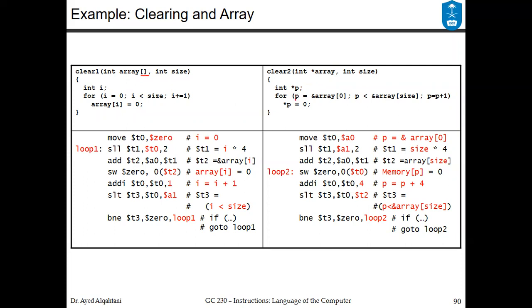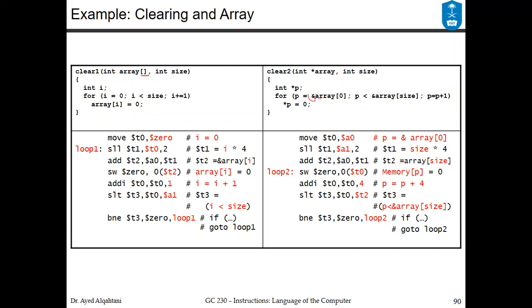So at the beginning, the pointer will be equal to the address of the first member of the array. And then you will compare if the pointer is less than the address of the last member, meaning that you went to the last location. As long as you are lower than that, you keep going through the loop. If you reach the last member, then you stop.